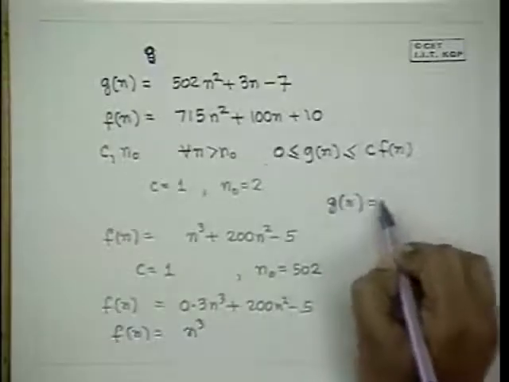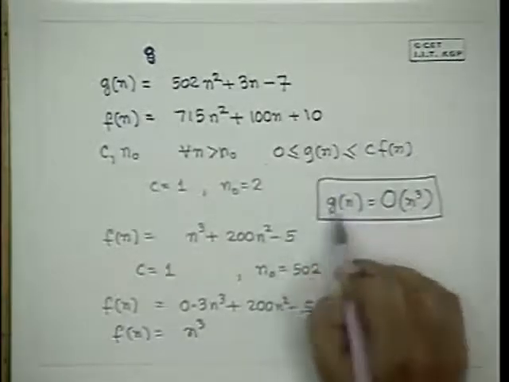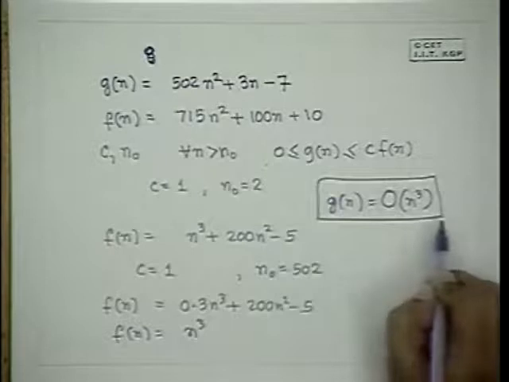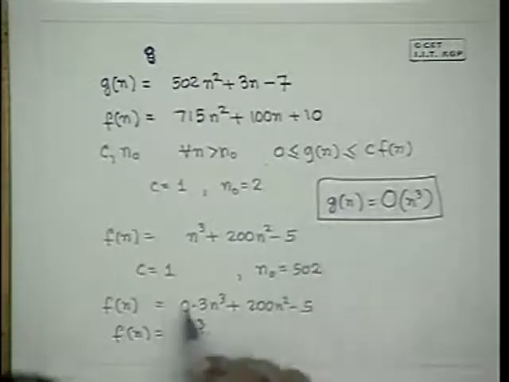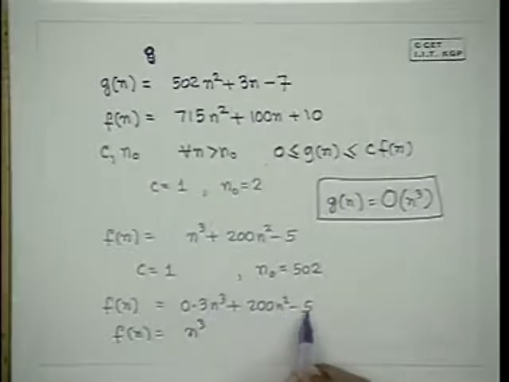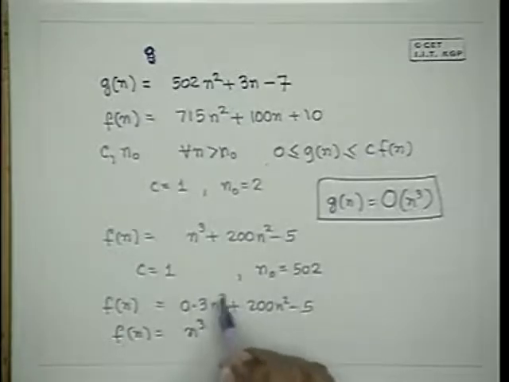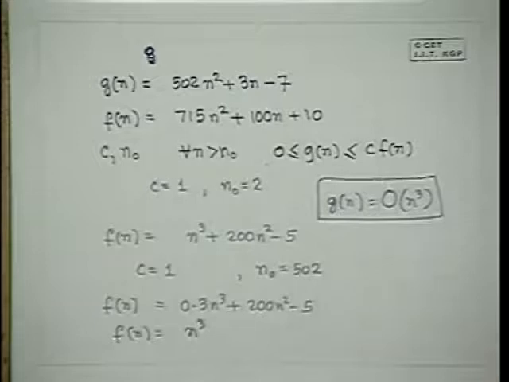So that is why you can say G(n) is upper bounded by n cube. You will see in textbooks a notation like this comes. Why does a notation like this come? Because these constants become unimportant. If something is upper bounded by 0.3 n cube plus 200 n square minus 5, it will also be upper bounded by this. So we leave only the highest term to compare between them.